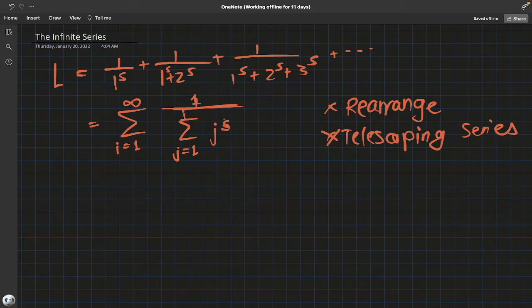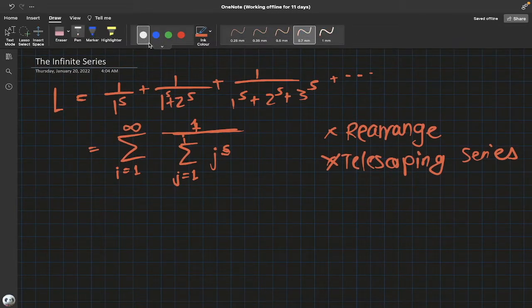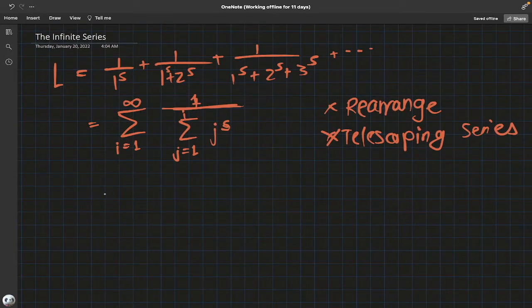So the inner sum is a finite power sum of fifth powers. So let me just change my color a little bit. We have a nice formula and I might prove this in the future, but I don't know how necessary this is.